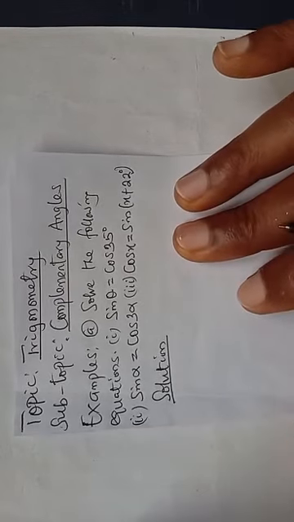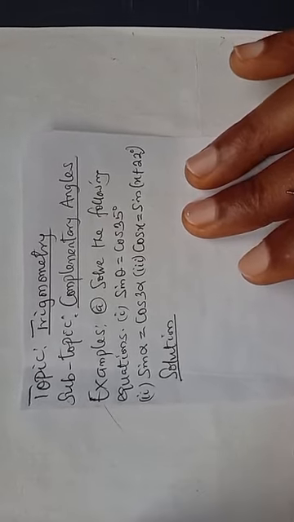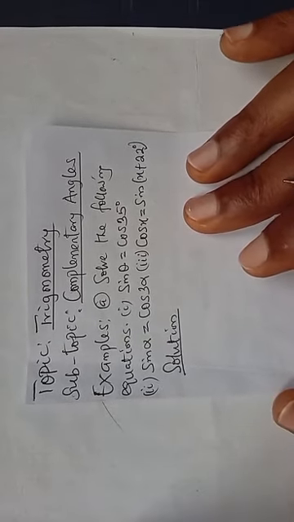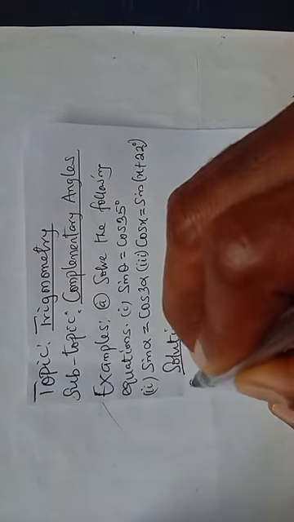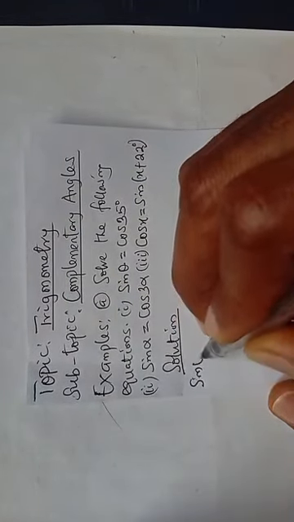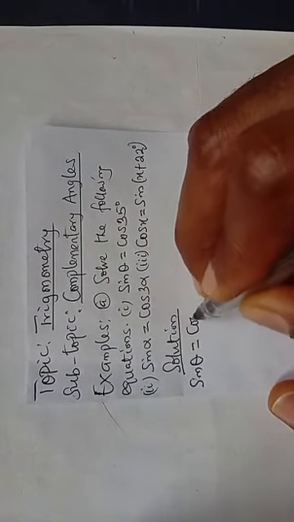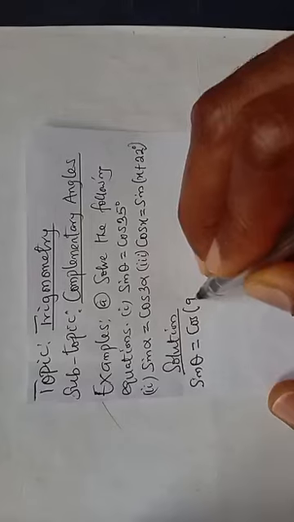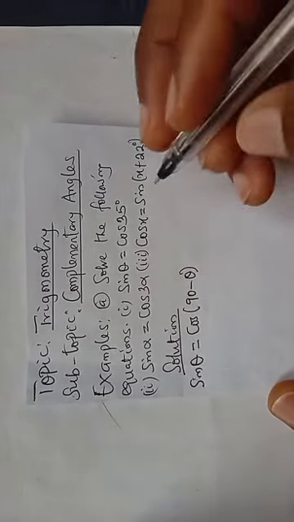First, let me list those identities that we obtained in our previous class. The first identity says sine theta is equal to cos into brackets 90 minus theta.